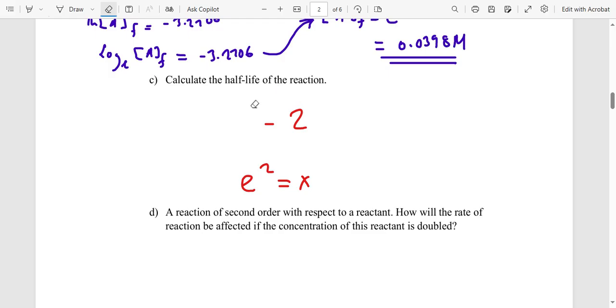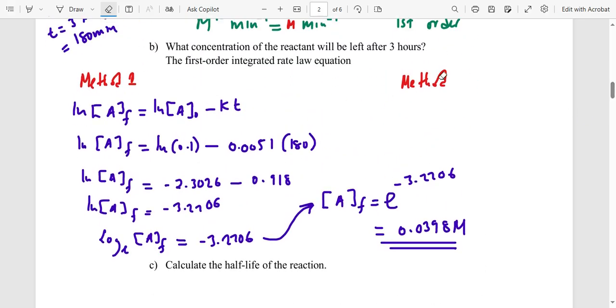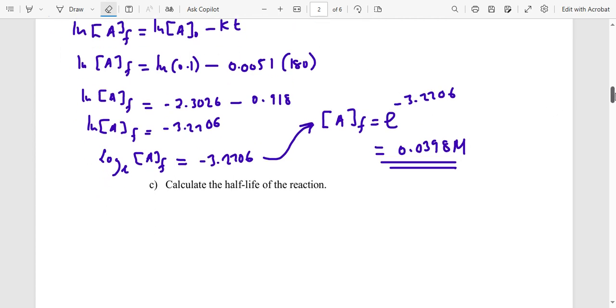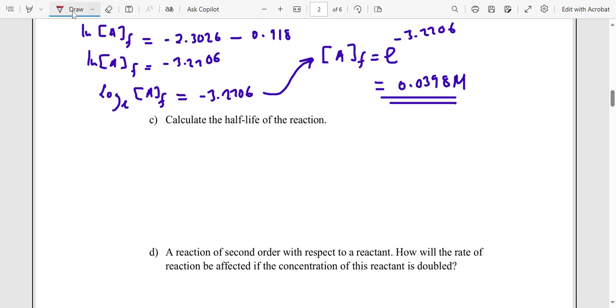And then the next question is saying calculate half-life. Now the formula that I wanted to use, method 2, we will not use here because we don't know the half-life yet. I'm going to show it on another question, another method that we can use. But we can go to what will be the half-life. Now this is a first order reaction.